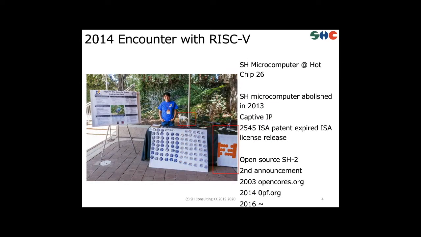So in 2014, I encountered RISC-V at Hot Chips at Stanford. What happened was we were attempting to propagate SH2, the Hitachi SH2 open source processor. Here's our flag, and here's my dog at the time.